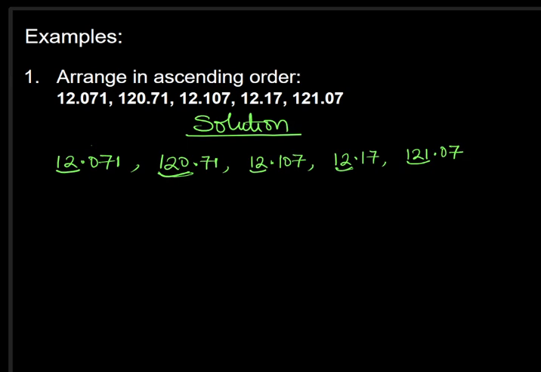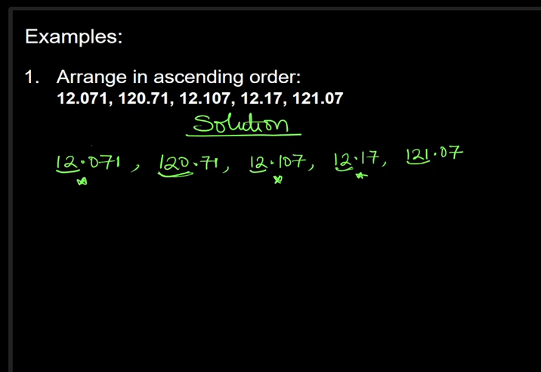So what we have to do now is compare the fractional part for these three. Remember, you only compare the fractional part if the whole number parts are the same. When the whole number parts are not the same, there is no need. Just arrange based on the whole numbers.